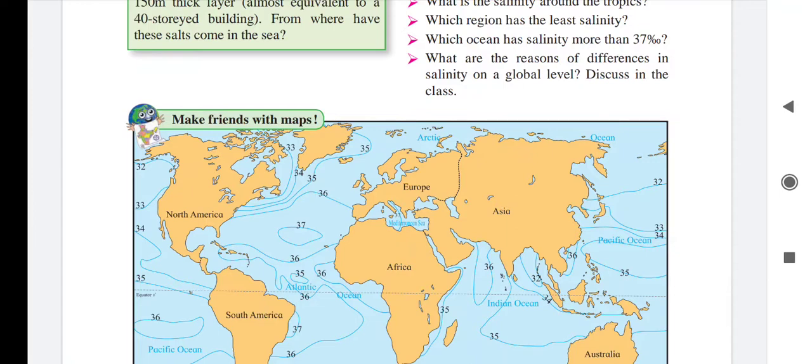Here sun rays are falling perpendicular, there slant sun rays are there, so due to that there is not much heat, so salinity is least in the Atlantic Ocean and Arctic Ocean. On the polar side we can find less salinity.